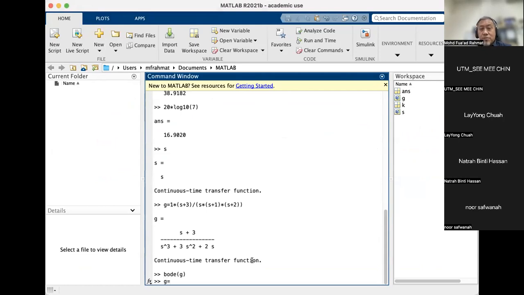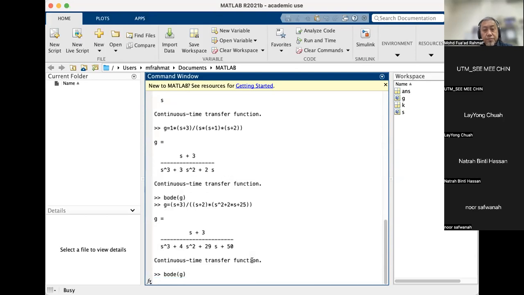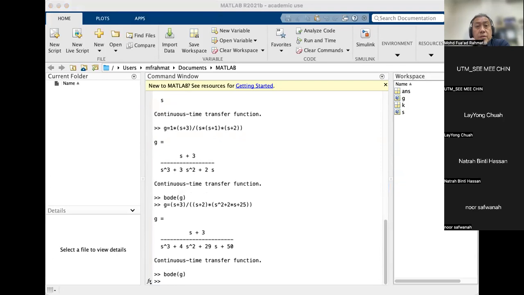So G is equal to S+3 over... berapa? S plus 25. Okay. Then Bode G. Okay, there you go. Can you see?